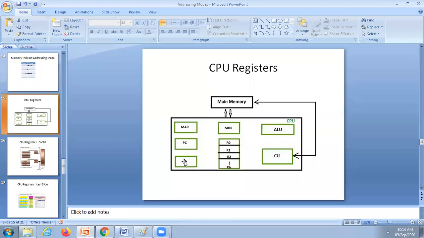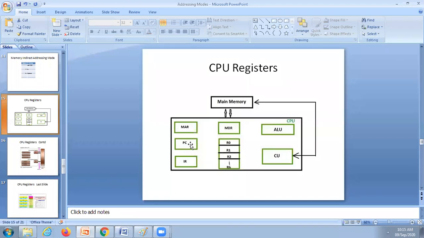The program counter contains the address of the next instruction to be executed. From that address, the instruction is fetched and stored in the instruction register. That is the purpose of instruction register.